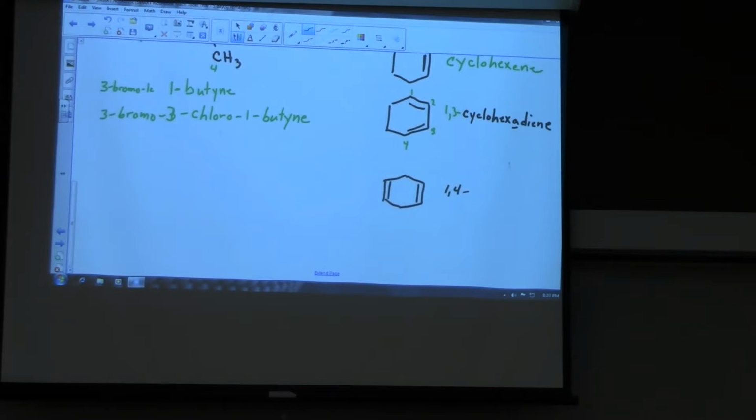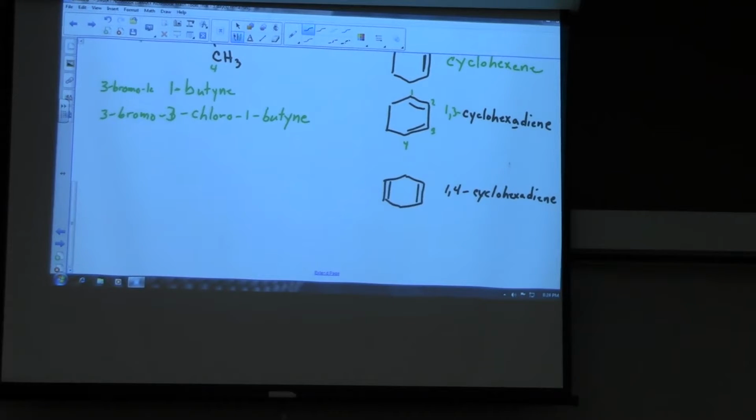It's a hexadiene, but you're forgetting the cyclo: cyclohexadiene. Nope, we don't need to worry about cis and trans here. Potentially you could, but to have trans in a ring, you'd have to have a very large ring.